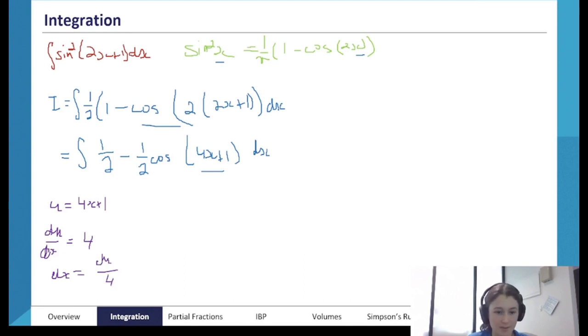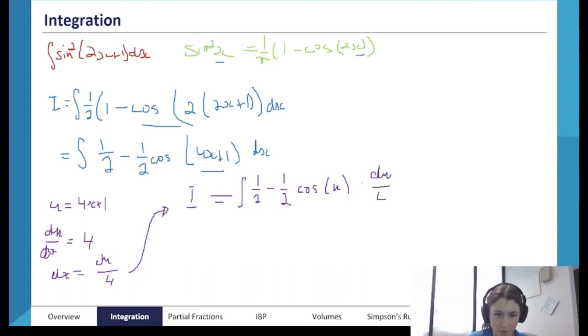And then our next step is to substitute this into our original integral. So we're going to have a half, take a half outside of cos u multiplied by du on 4.